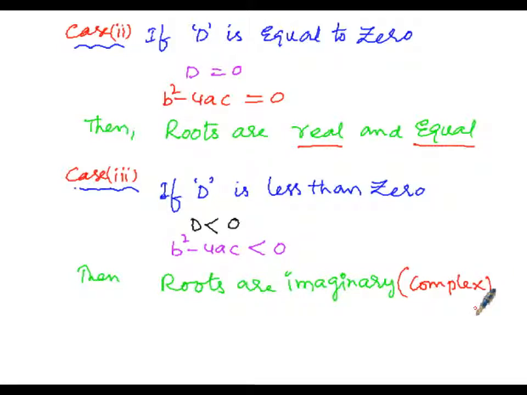Roots are complex, or in other words imaginary, if the discriminant value is less than 0.